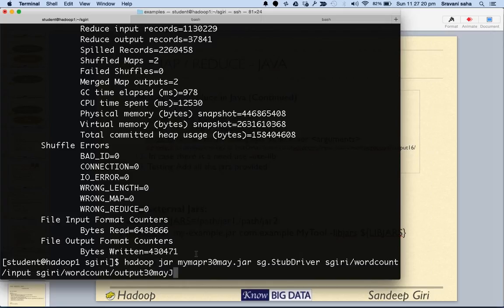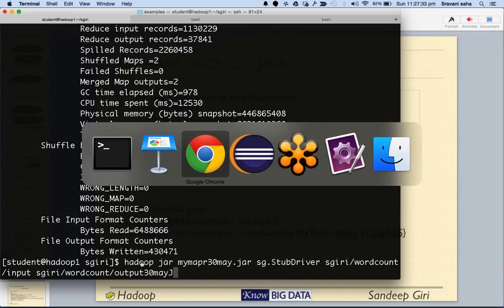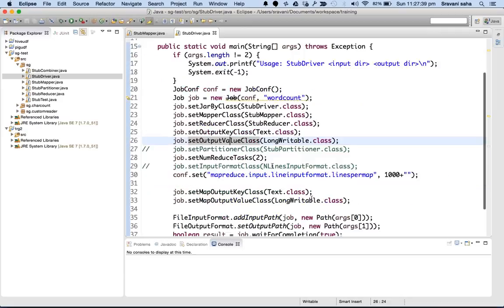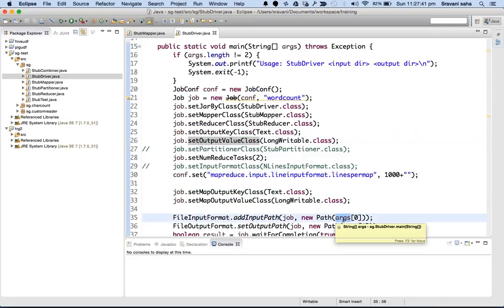I was saying Hadoop jar, my jar, and then I specified my entry point, my driver name, and then I specify the input folder and output folder. Why? Because our driver is expecting the arguments in the program.